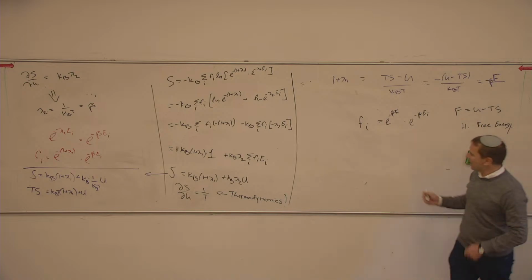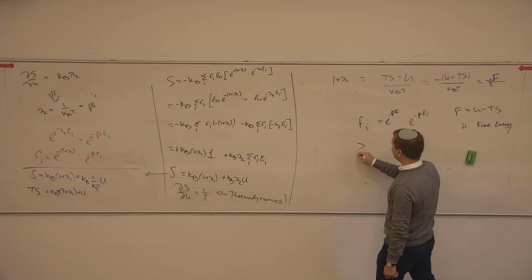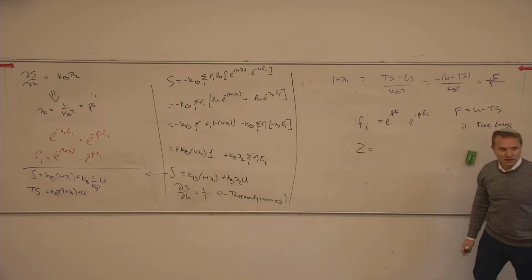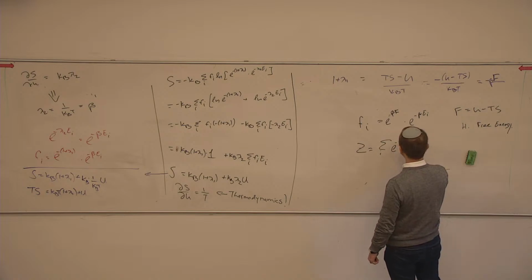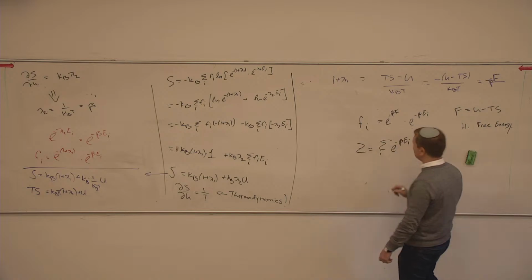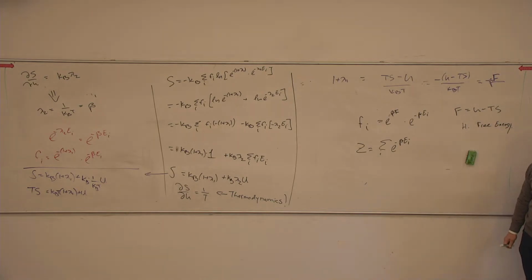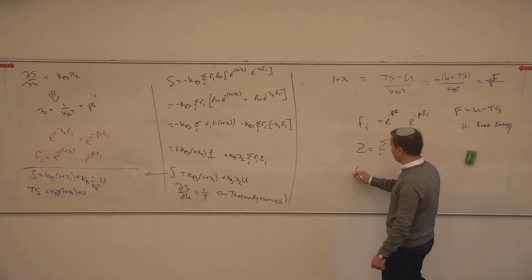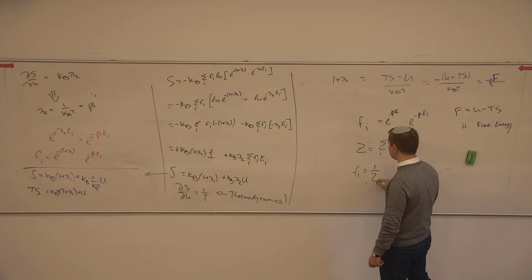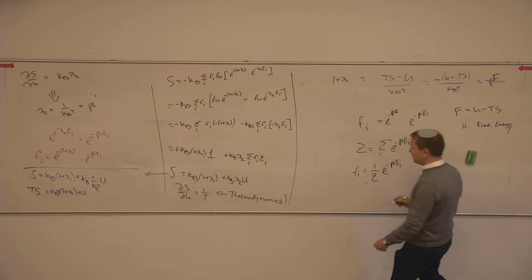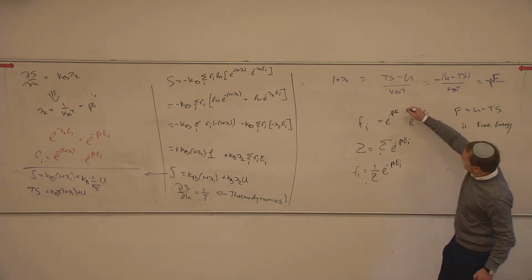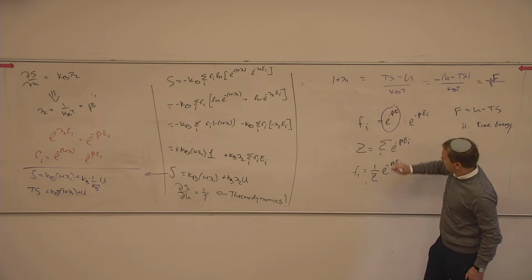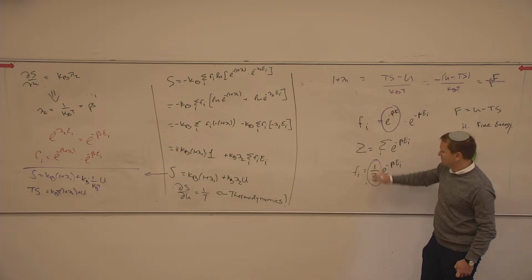Moreover, you remember I had a specific partition function, which is Z. Z was just a summation of e to the power minus beta ei. So if you remember, fi was just 1 over Z e to the power minus beta ei. So we can compare these.